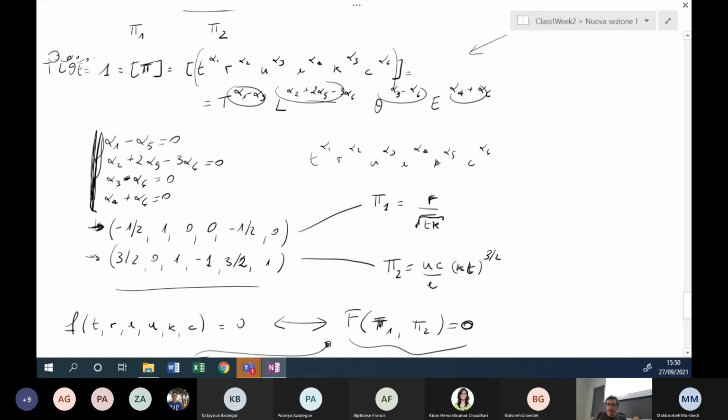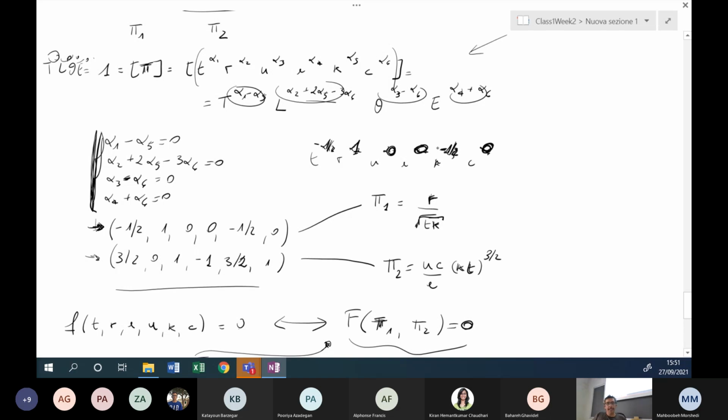Now, this solution tells me that a dimensionless combination is given by alpha 1 equal to minus 1 half, alpha 2 equal to 1, alpha 3 and alpha 4 equal to 0, alpha 5 equal to minus 1 half, and alpha 6 equal to 0.